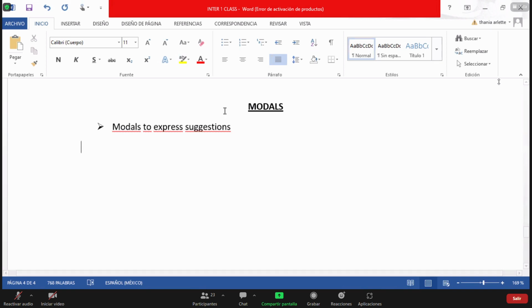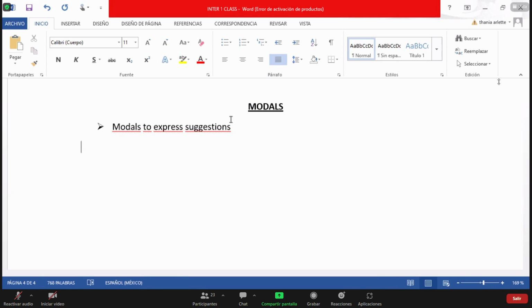A characteristic of a modal is that it is always followed by a verb in the infinitive form. The infinitive form is swim, dance, cook, understand, teach, show, prefer.